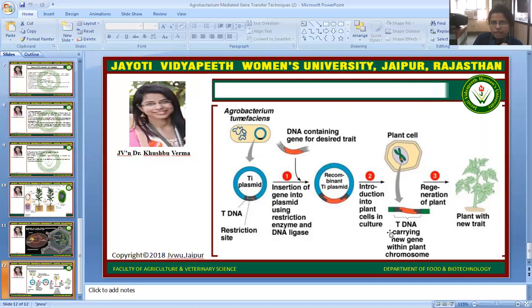So the T-DNA carries the new gene within the plant chromosome. Then we go for regeneration of the plant and we will get a plant with new traits of the desired DNA. So this is the summary of this session.